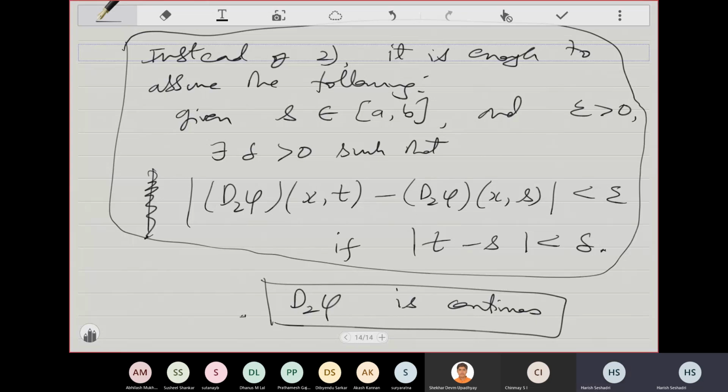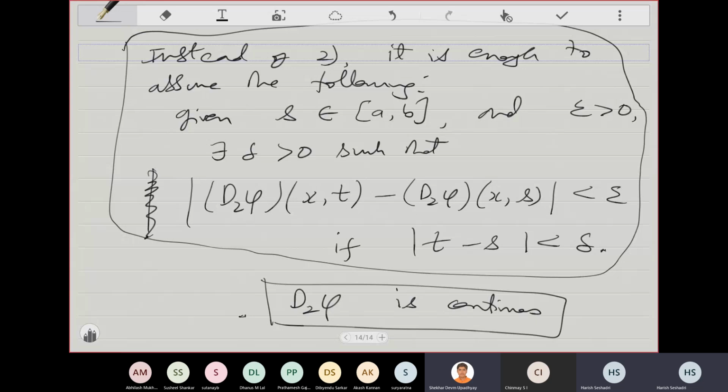So why is this weaker? Because it does not demand D2 phi at (x, s) to be defined. Well, D2 phi is defined at all points, that's for sure.